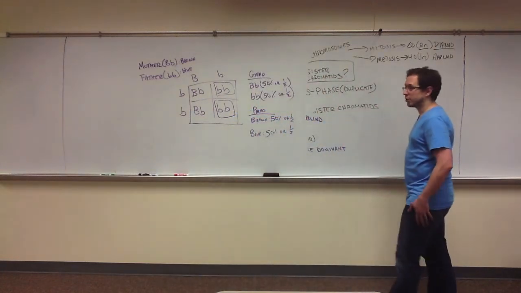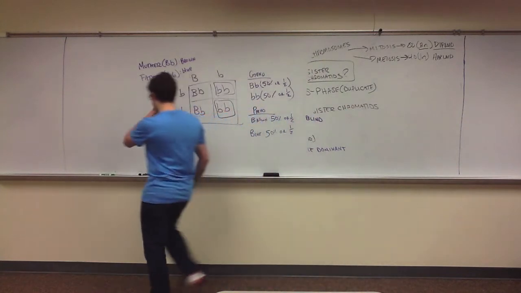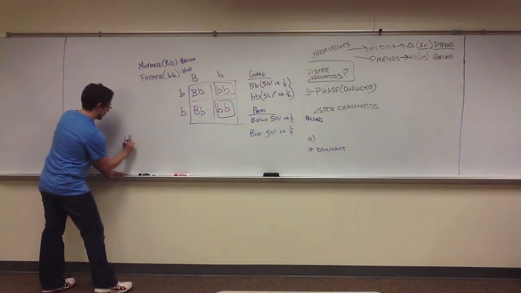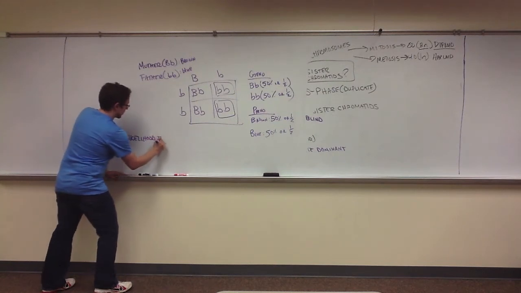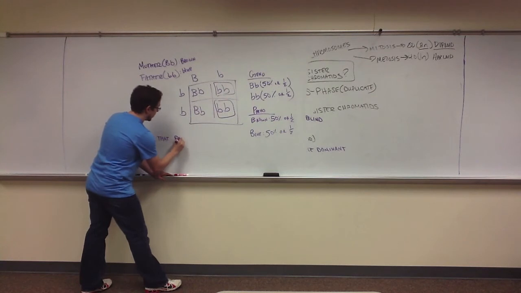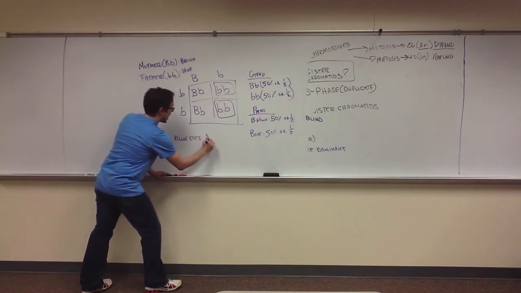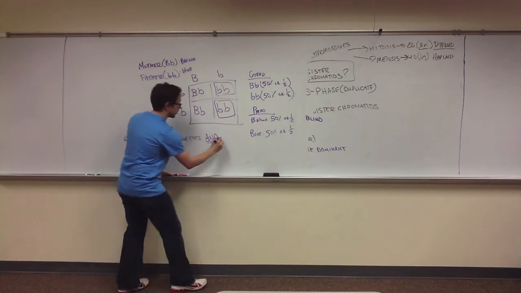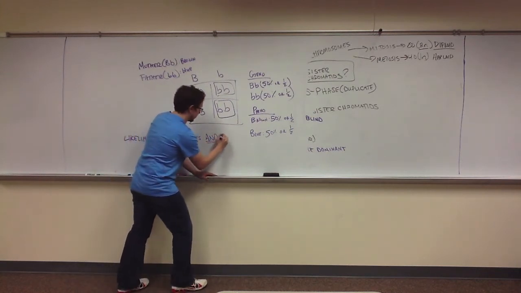Okay, now the question asked the percent chance, or the likelihood, that you would have a child with blue eyes and a child that was female.